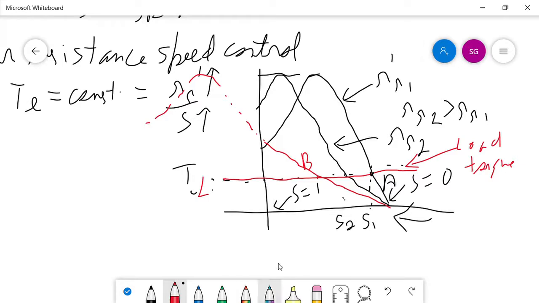The new characteristic is where the intersection point of the characteristic of the motor and the load characteristic matches at B. So we have shifted from A to B. So this is our new operating point.